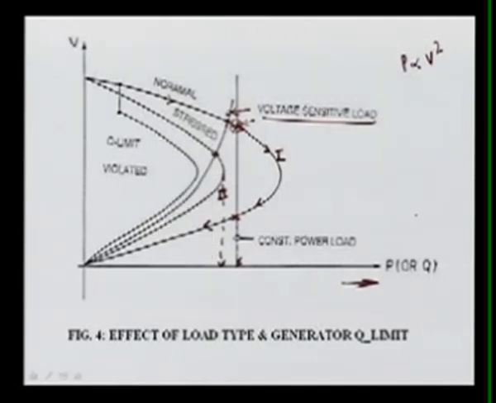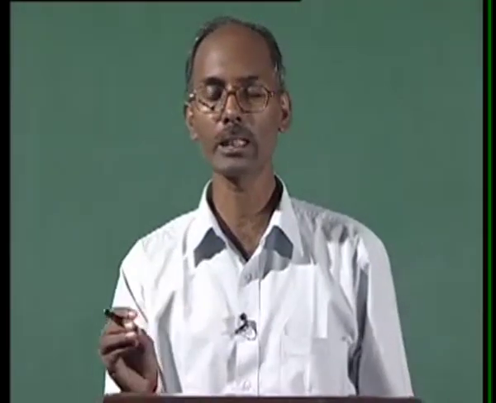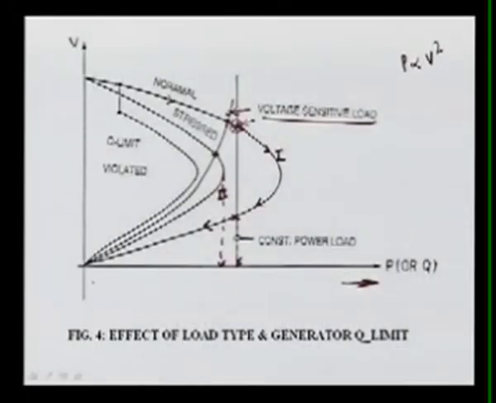Now let us take the violation of the Q limit. You can see what happens: your system is following this curve, and if you keep on increasing the power, once you are taking more power there is a possibility that the Q limit of the generator is violated. Here is your generator, feeding a line, and this is your load.